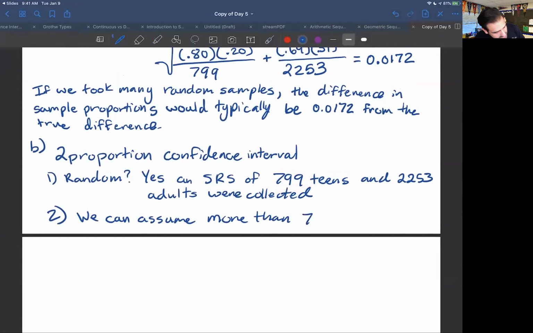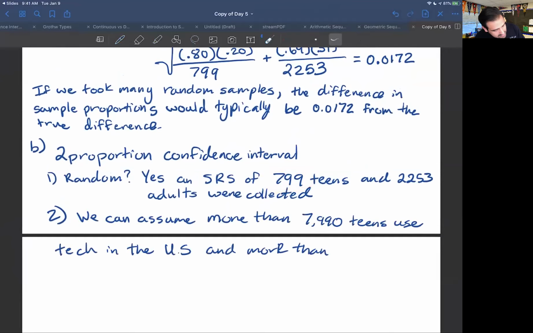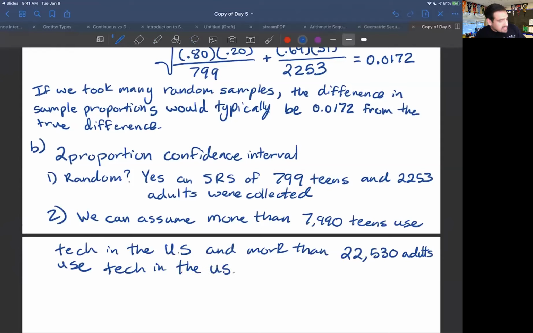We can assume more than 7,990 teens use technology in the US, and more than, take the sample size, add a 0, 22,530 adults use tech in the US. So we've dealt with the independence.